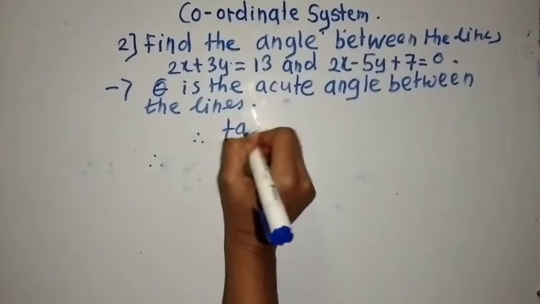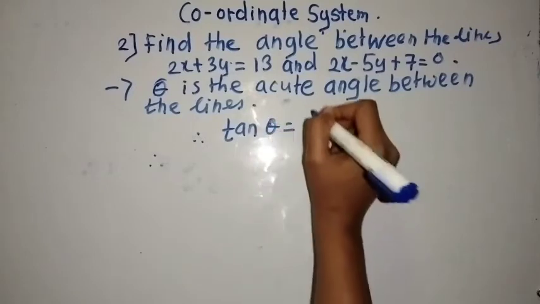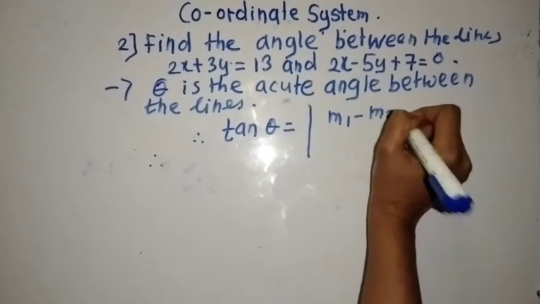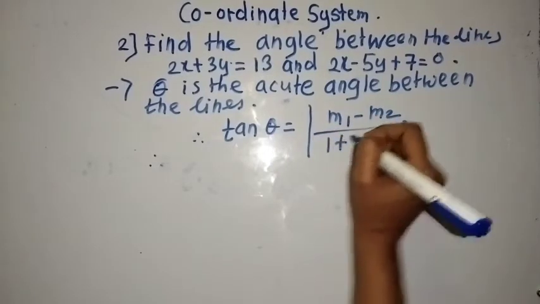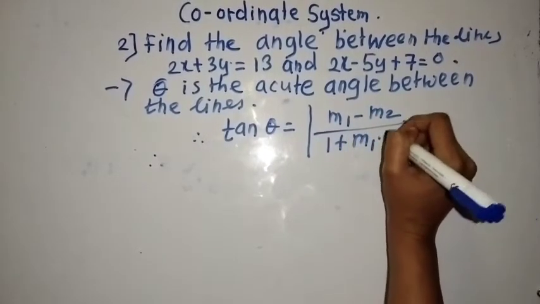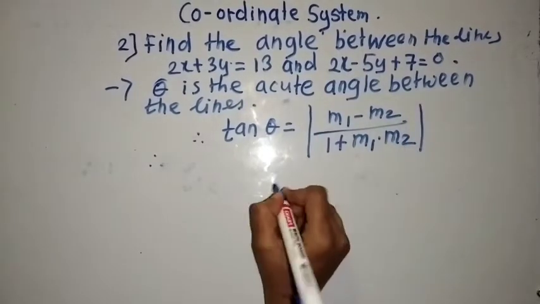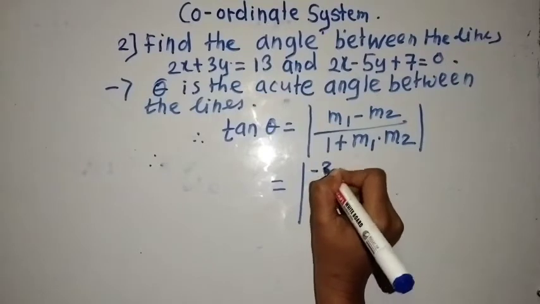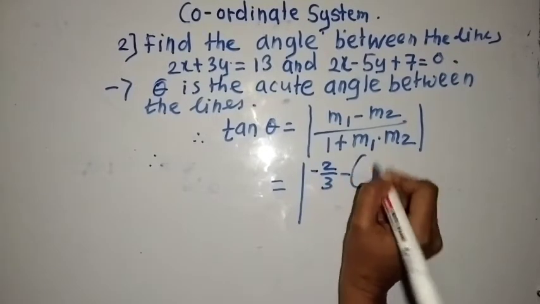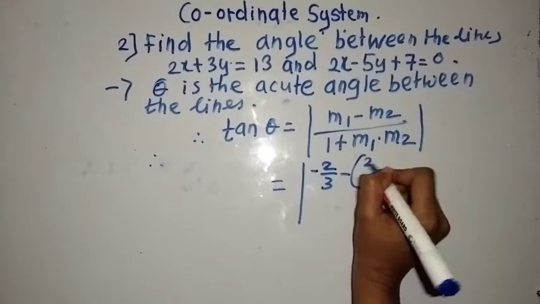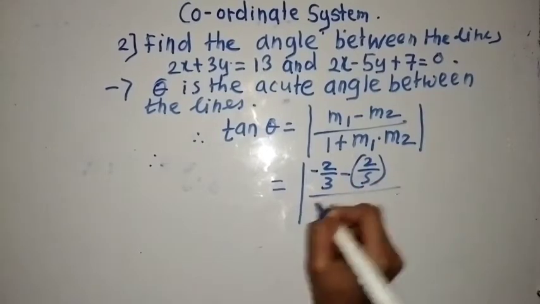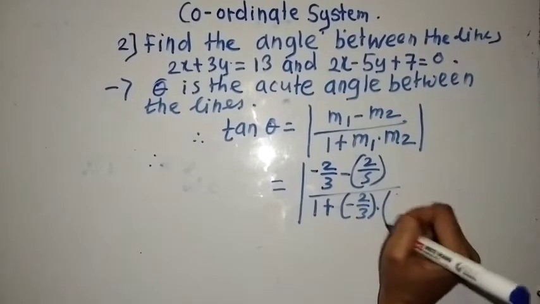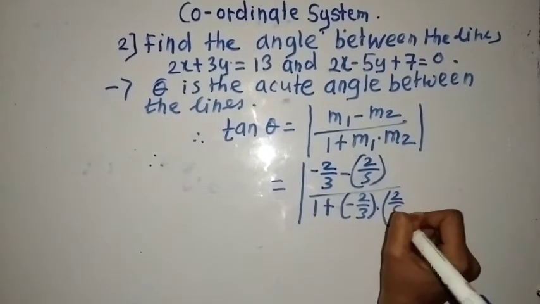Hence tan theta is equal to mod of M1 minus M2 upon 1 plus M1 into M2. Then we write M1 is minus 2 upon 3 and M2 is 2 upon 5. Hence we get 1 plus minus 2 upon 3 into 2 upon 5.